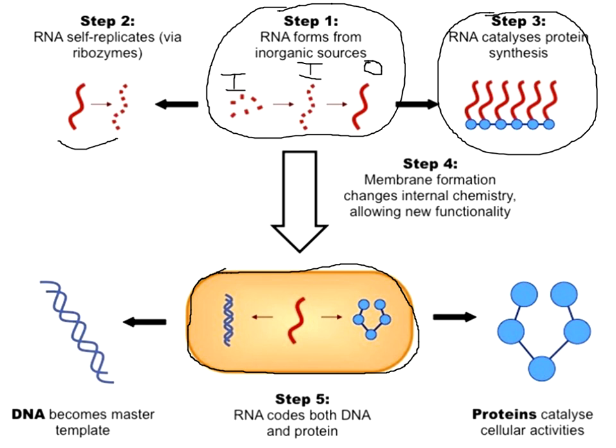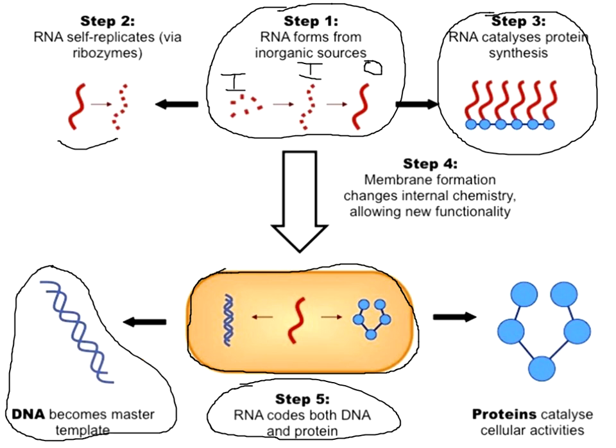So RNA codes both DNA and protein, and you have it surrounded in a lipid membrane. And now RNA can turn into DNA, very simple, which we'll show you in a few chapters. And proteins are also made from RNA as well.